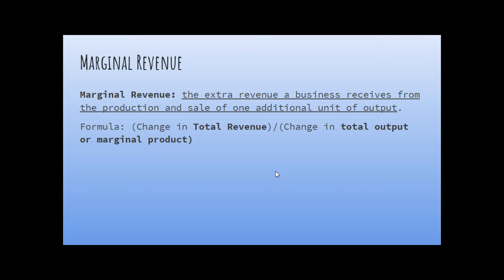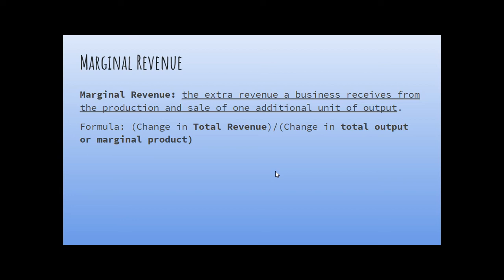And then our formula for marginal revenue is going to be change in total revenue divided by change in total output. So I'll put that on the board for you all in the back. You can put either total output or marginal product, it doesn't matter which one. Put both.